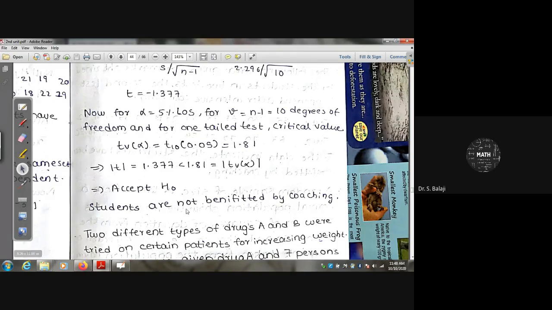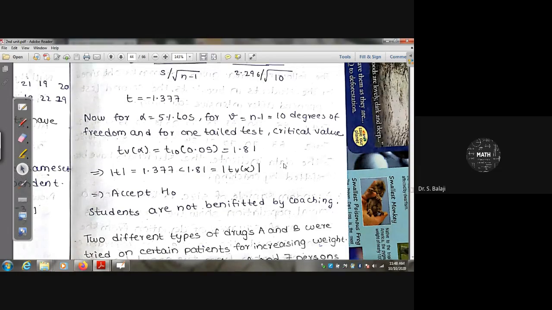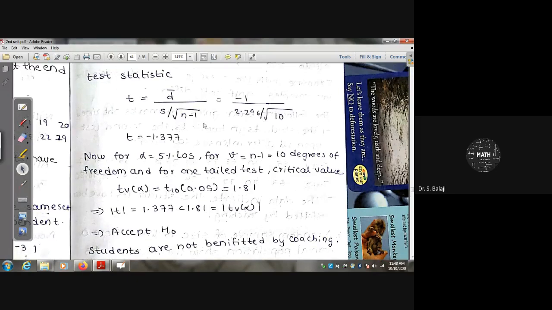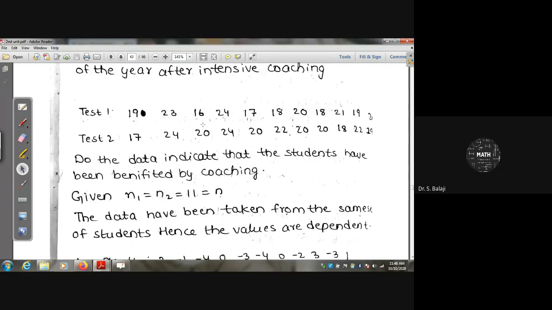In this way, we can adopt the third test statistic, d bar by s by square root of n minus 1, because the sample values are from the same set of people. One is before coaching and one is after coaching.